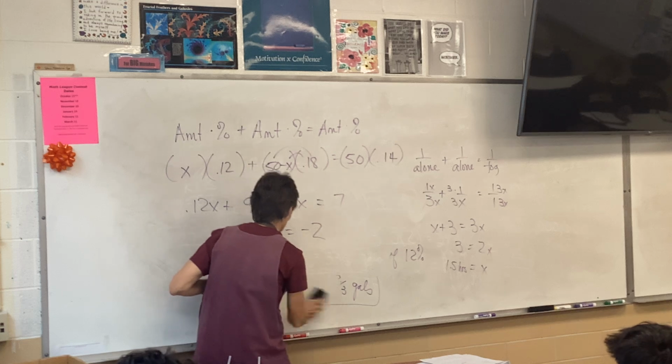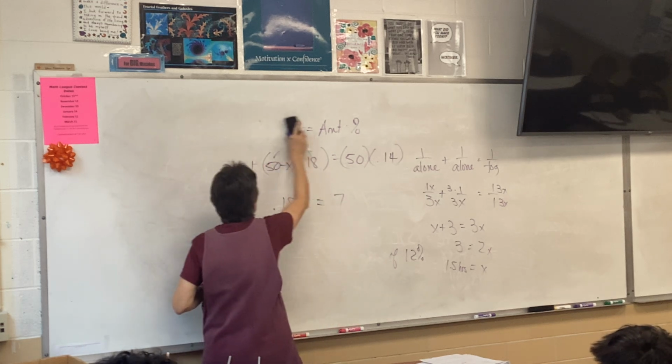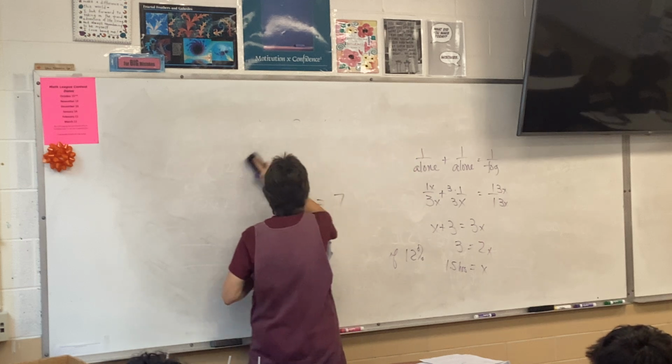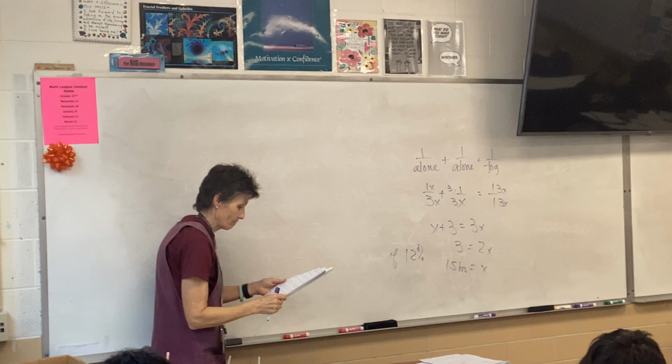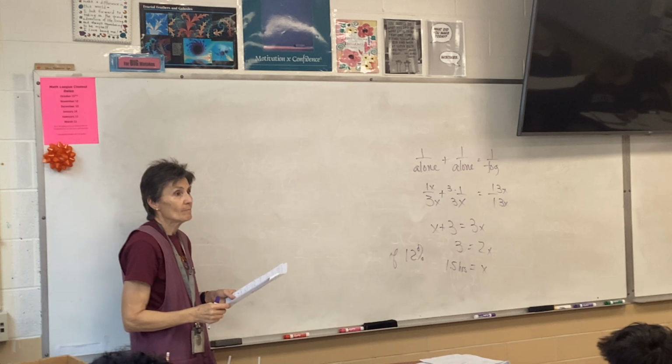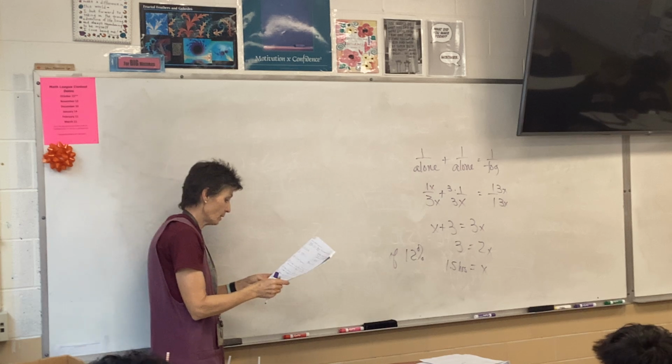It's good. Looks good. Make sure you put a label on there. If it's a word problem, it needs a label. We good with that? Alright. What in the world?